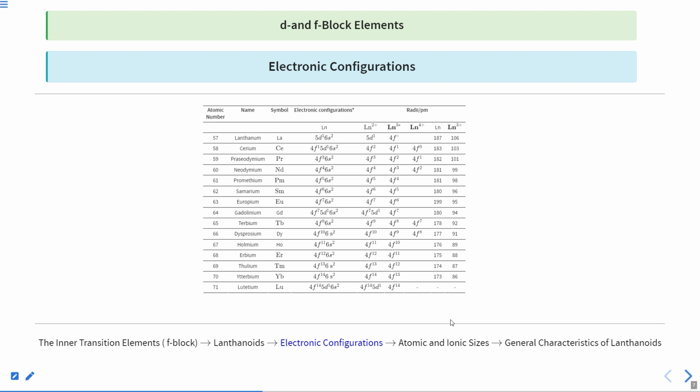So if I just conclude all of this, the important point is, first of all, if you look at the electronic configuration, cerium and gadolinium have exceptions. Gadolinium is an exception because it is having a half filled f orbital if we take it as 4f7 and 5d1. So what can be inferred from here? Instead of filling the 4f first, we are going to 5d.